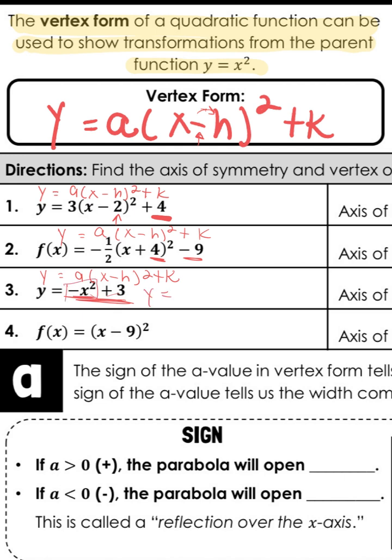So we're going to go y equals, we'll put the negative sign out front, x minus 0 squared, and then we're going to add the plus 3 on the back. And that gives you the vertex form. Now your axis of symmetry, we said, is h, and that's 0.